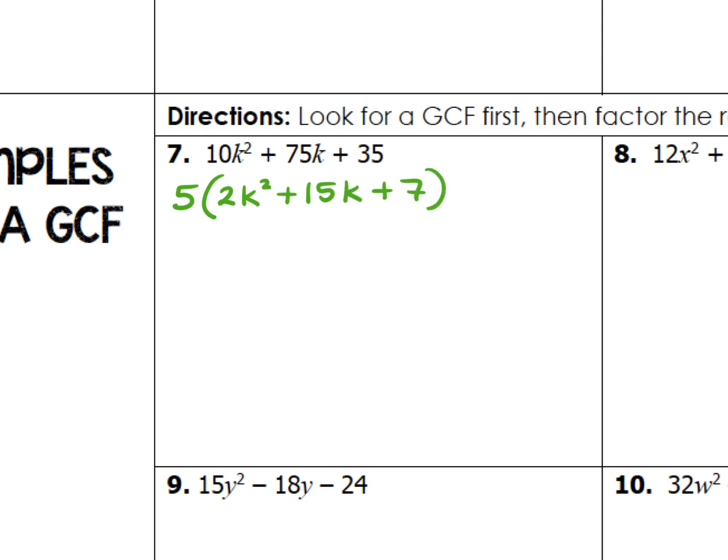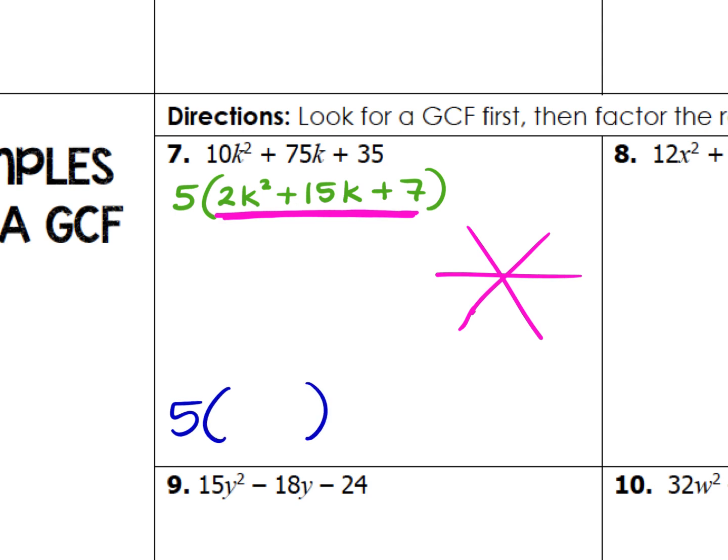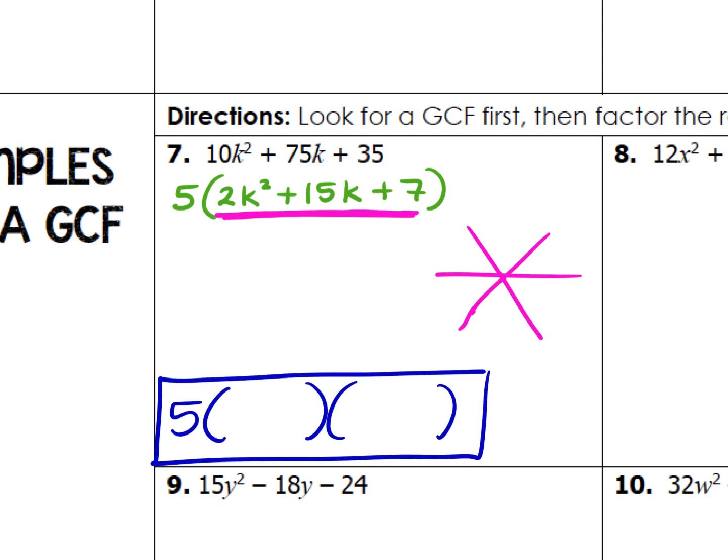Okay, now refresh my memory. When you factor out a GCF, do you do your star with the original or the newer? The newer. So your star has to come from this. This is that point where I would say write your final answer, 5 times something, so that you don't forget that 5 out in front.